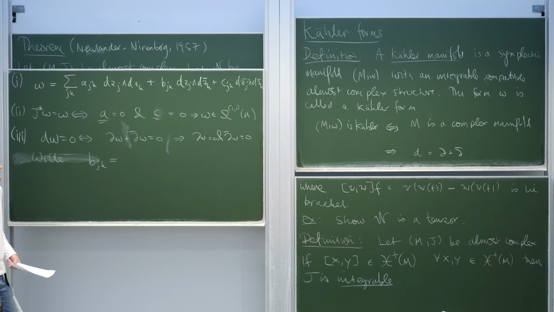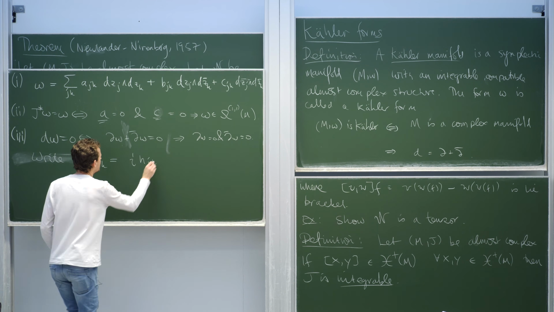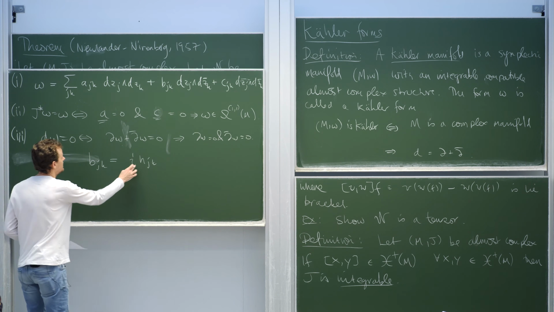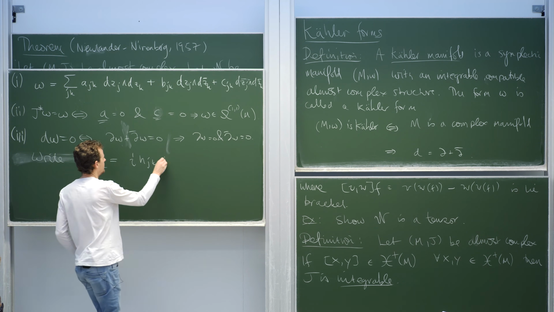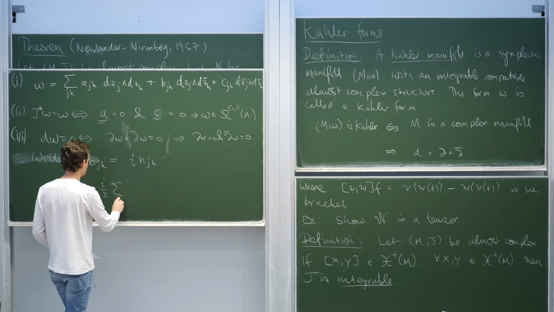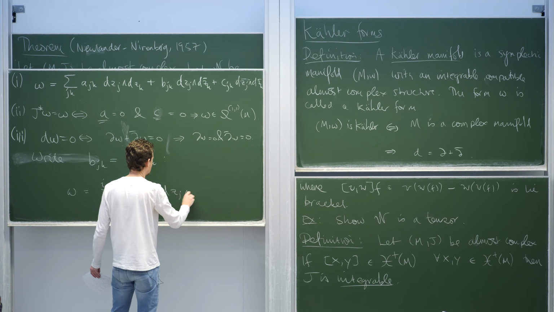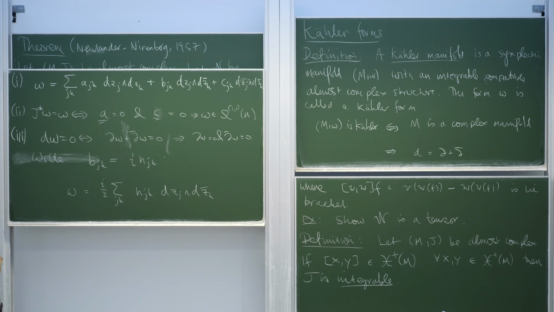So the only coefficients that are left in this local expansion are the b's. Because we know what's going to come, it's sort of useful to define h's to be i times the b's. And in terms of these new variables, we have the following local expression for omega.